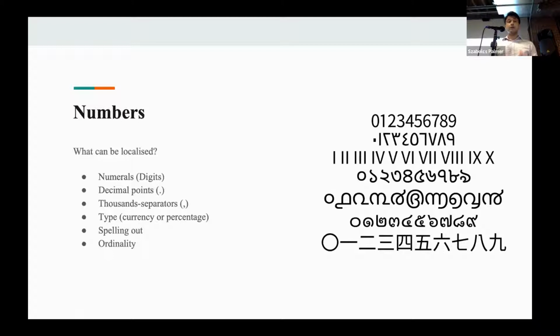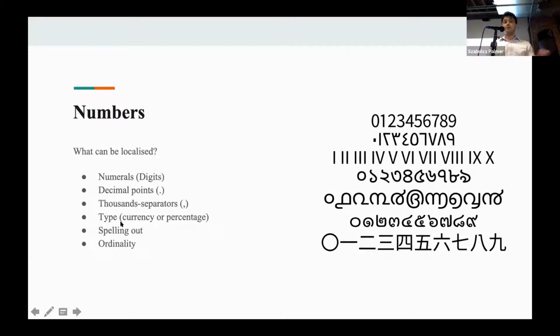We need to localize all numbers that will be displayed in the browser, in our emails, in short text messages, etc. So regarding the numbers, what can be localized? So you know the digits may be different, the decimal point is not a dot in every language, the thousand separator.